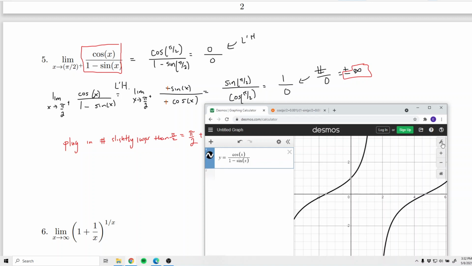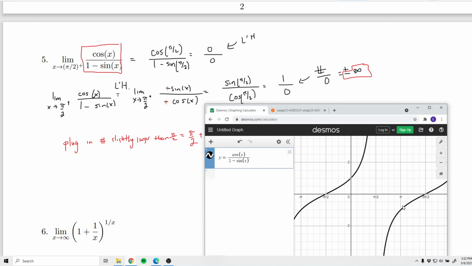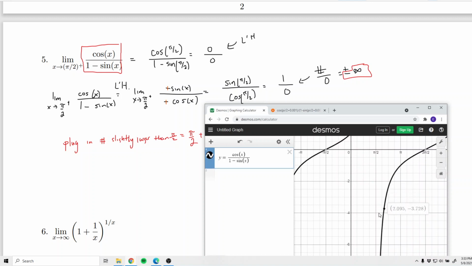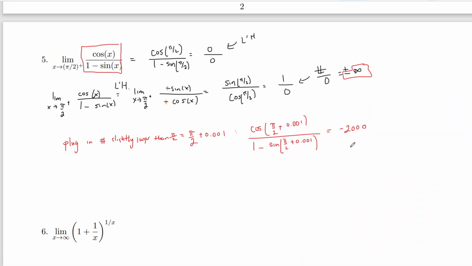And then if I go ahead and hit this little toolbar and change the step size on x to pi over 2, then this is pi over 2. As we come towards x equals pi over 2 from the right, it goes down to negative infinity. So we can see that does work out for us. So that's just another one that's sort of like the first three, but slightly different. So not a new technique here.